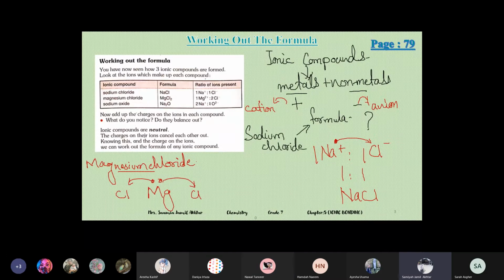So in this case, we get one magnesium with 2 plus charge, and two chlorines with minus charge. Two chloride ions with one minus charge each. So the ratio will be 1:2, and the formula is MgCl2, because there are two chloride ions. Got it?